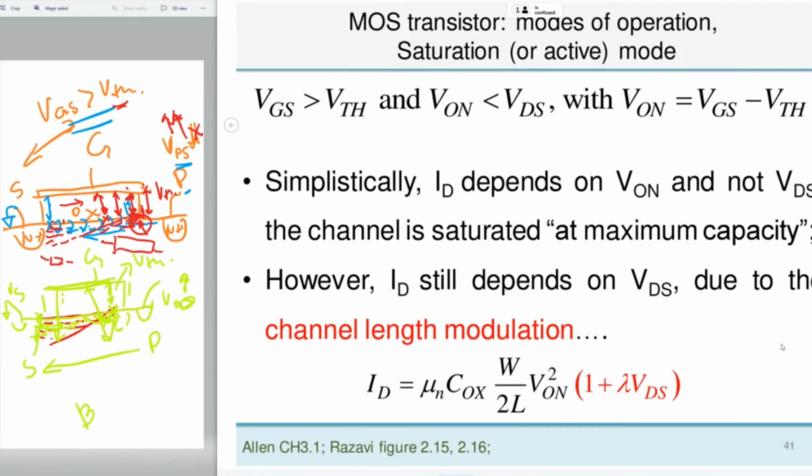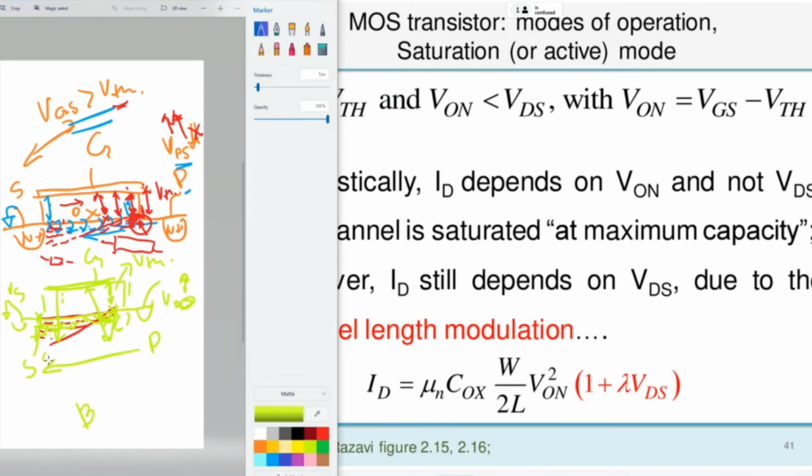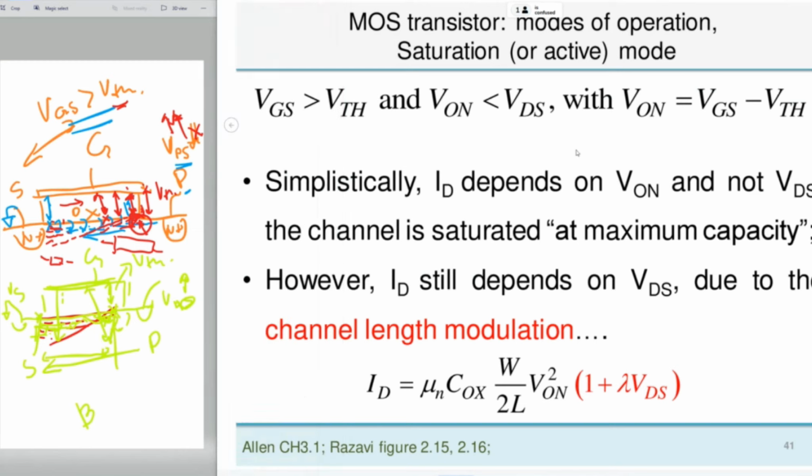Now, of course, you have channel length modulation because the channel became a little bit shorter. You see that the channel became shorter. So this means that its conductivity effectively increased. And we can model this with the channel length modulation effect by applying a term here, a coefficient dependence on the drain source voltage.